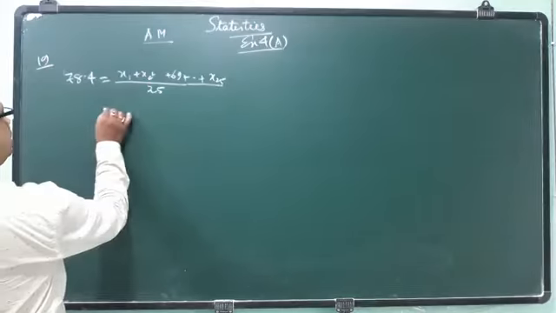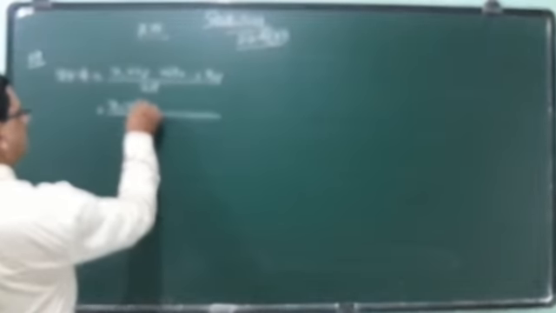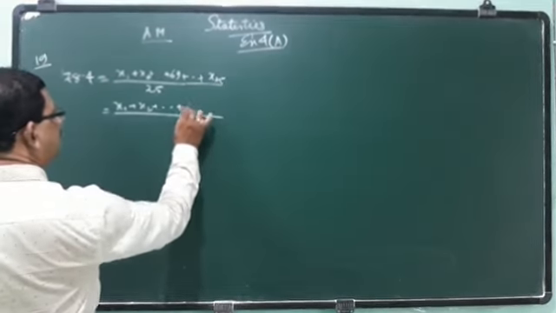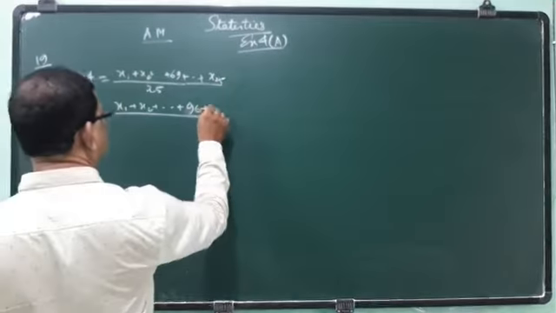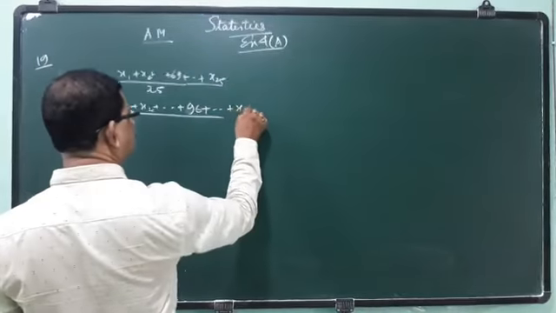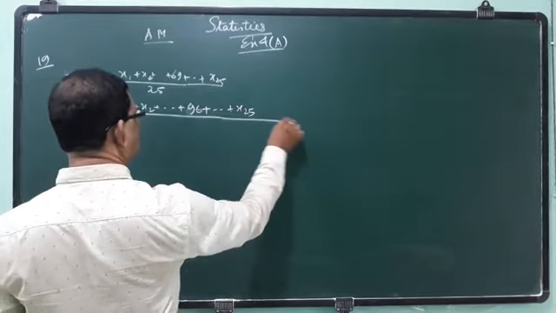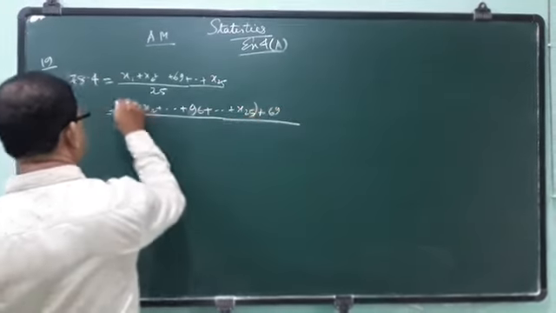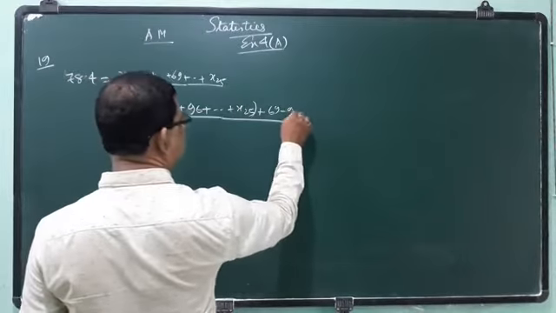See students, this we can do: x1, x2, dot dot dot. Instead of 69, if we write 96, then what we have to do? Take 69 outside and add this 96.